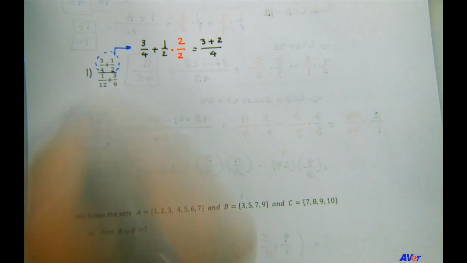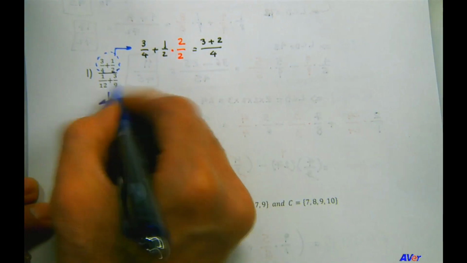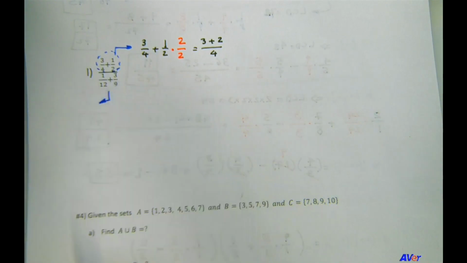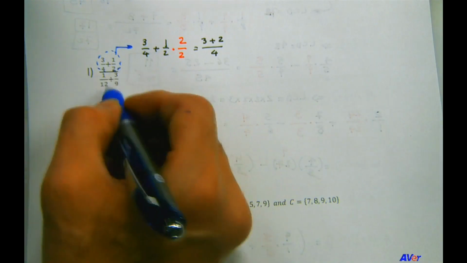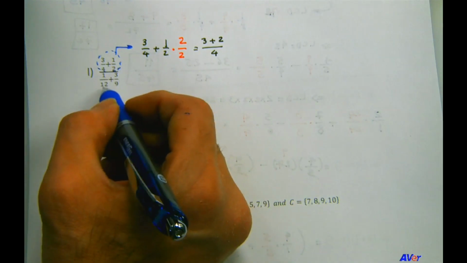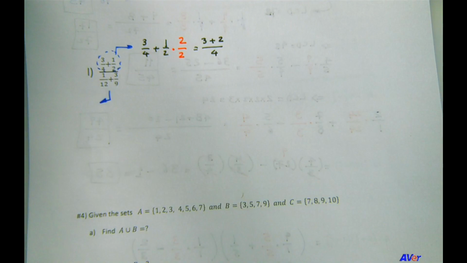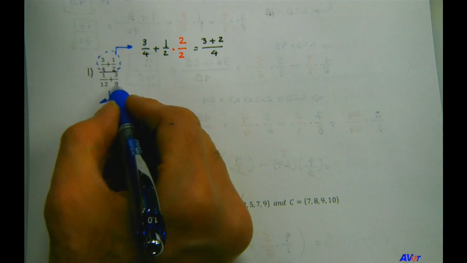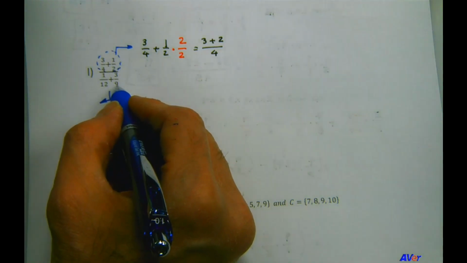The common denominator in here for these two terms, 1 over 12 plus 3 over 9. So let's see. The prime factors of 12 are 2 times 2 times 3. So 2 occurs twice, 3 occurs once. And then the 9 has prime factors 3 and 3.